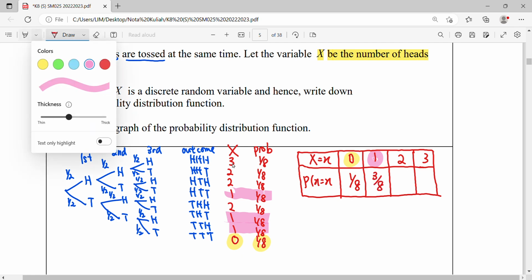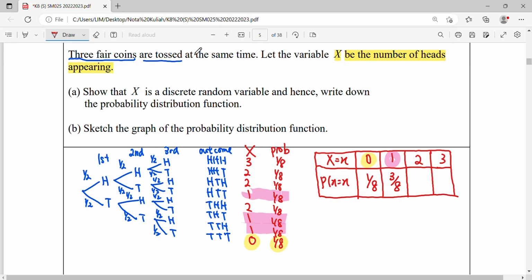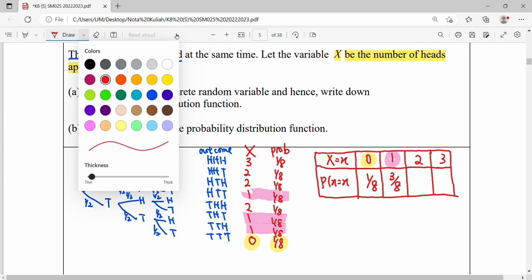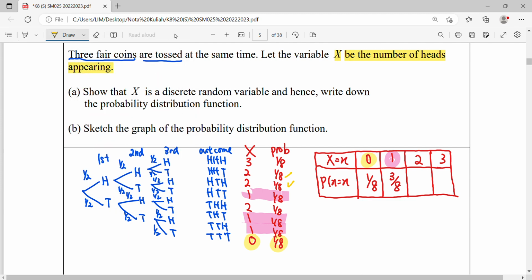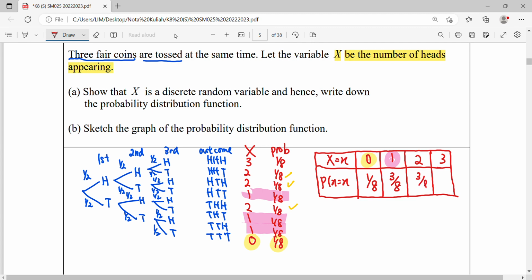Then how about for 2? 2 here, here, here. So also having probability of 3/8. Lastly, random variable 3 only having one case, so probability of 1 over 8.